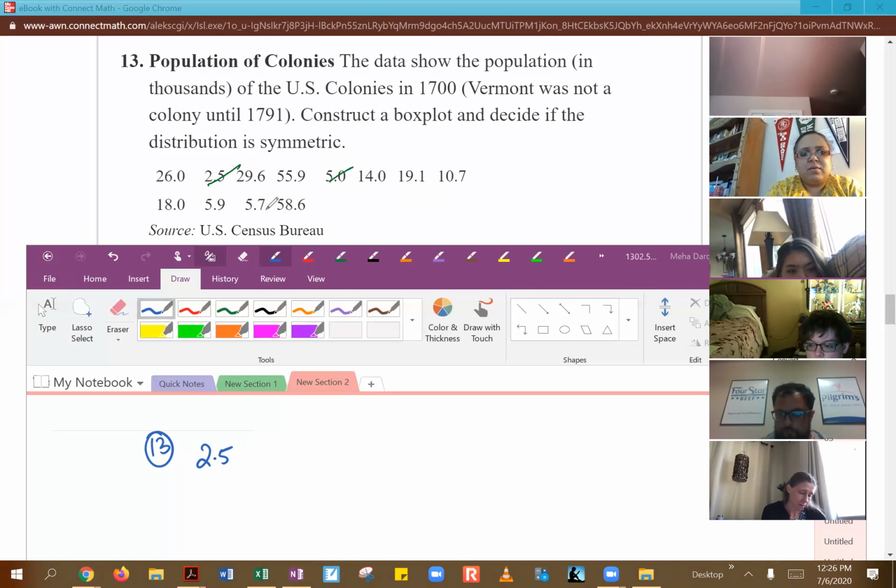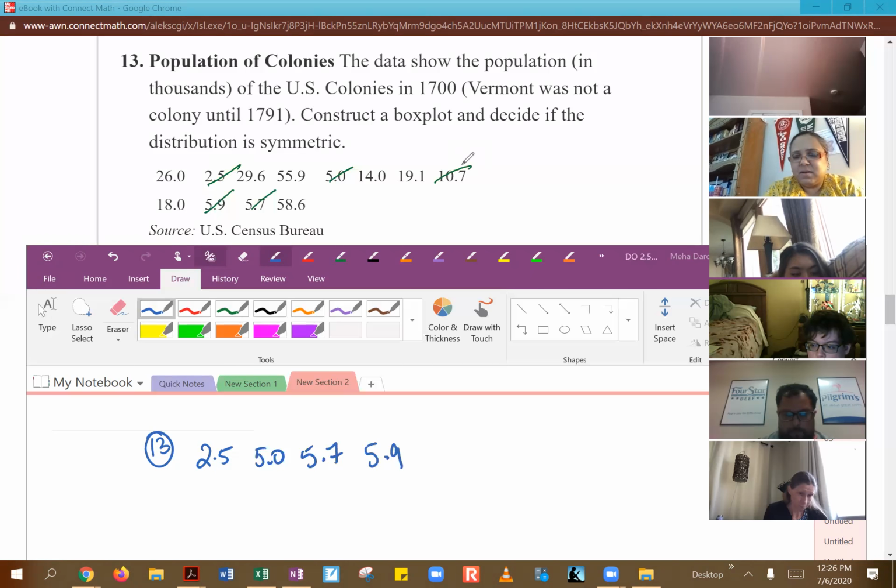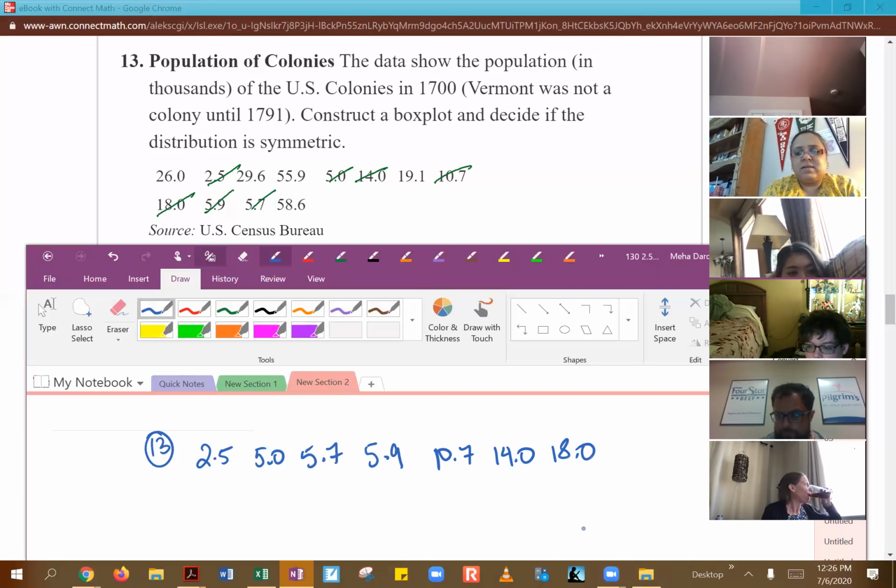You've got 5.0, 5.7, okay. Then of course 5.9 would be next. And then let's see, what did you have after that? 10.7, okay, I see that. And what was your next one? 14, and then 18. Okay, 10.7, 14.0, 18.0, and then you've got 19.1, okay.